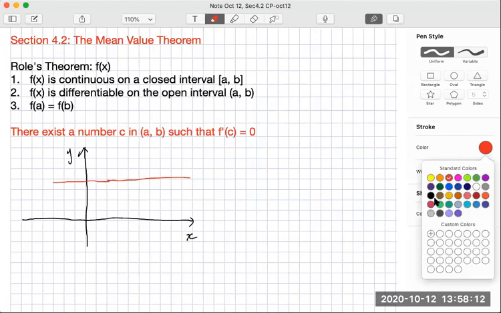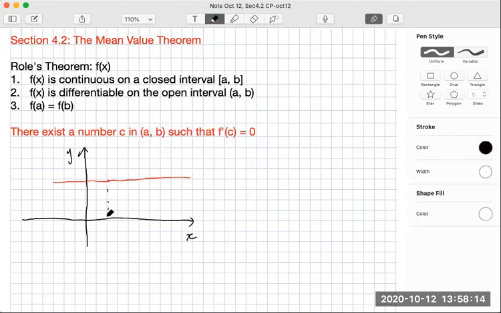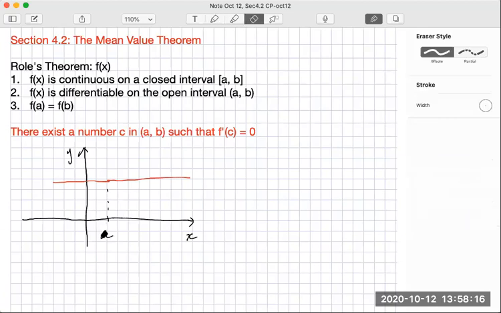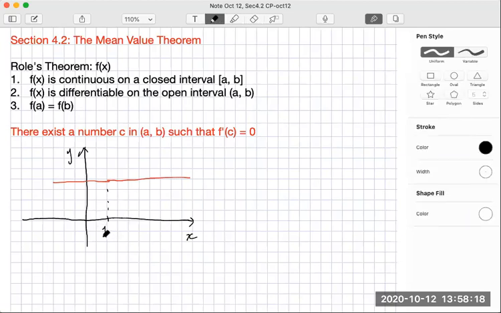The interval we consider here is, let us say, from 1 to 3. In our case, a is 1 and b is 3, right? And the function f here is a constant, it is flat here. So first, is it continuous?